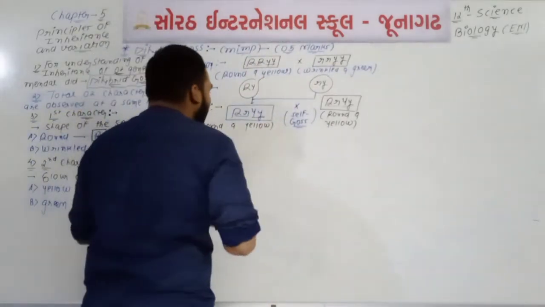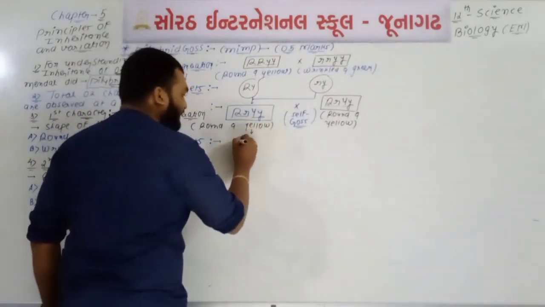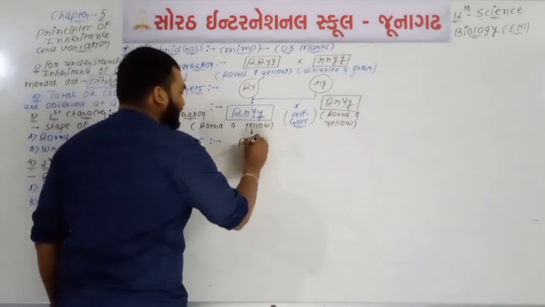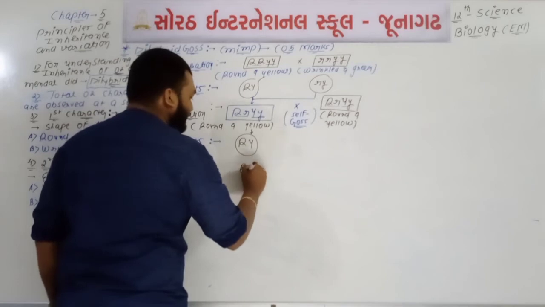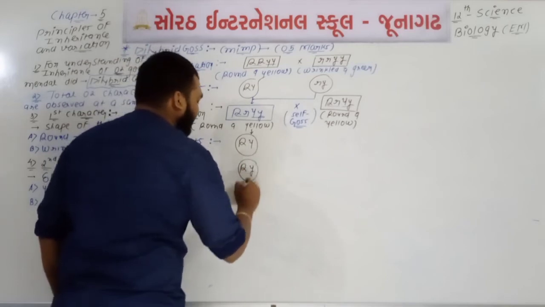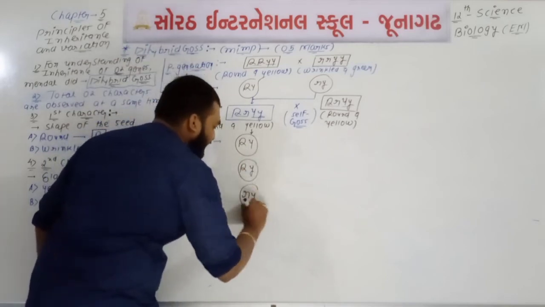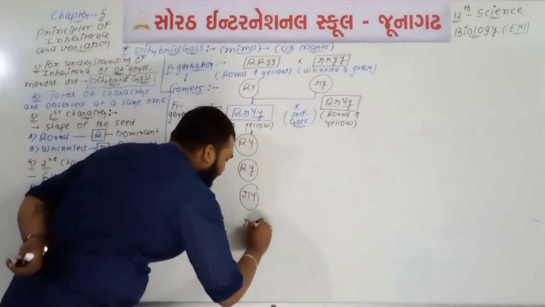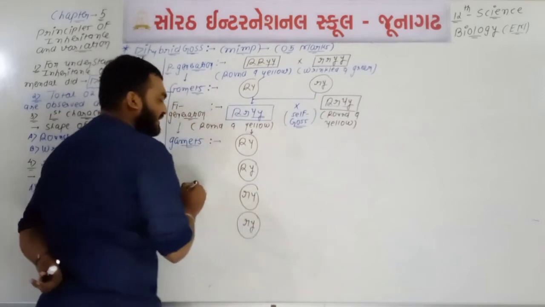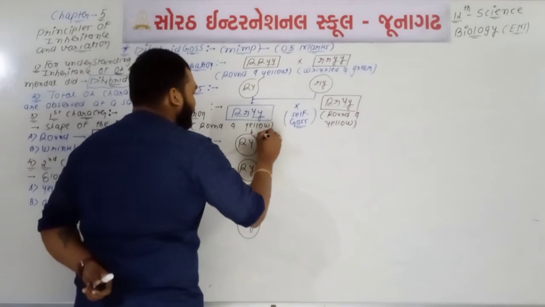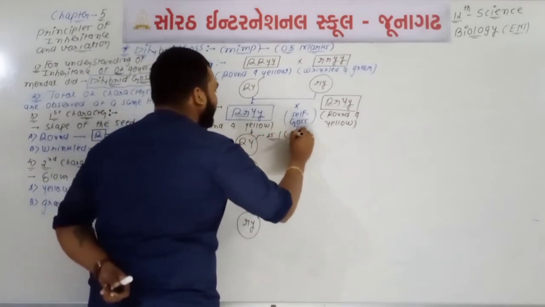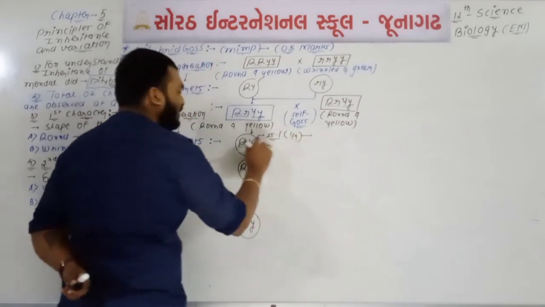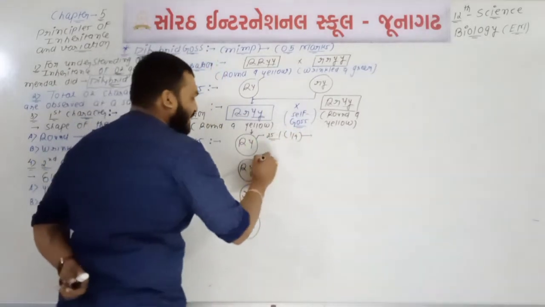So it will produce capital R capital Y, capital R small y, small r capital Y, and small r small y. There is a 25%, that is 1/4, chance of producing the first gamete.